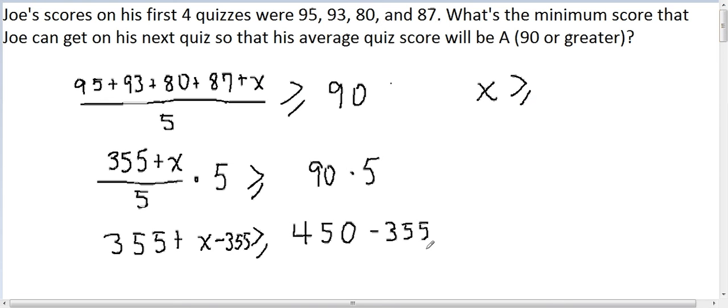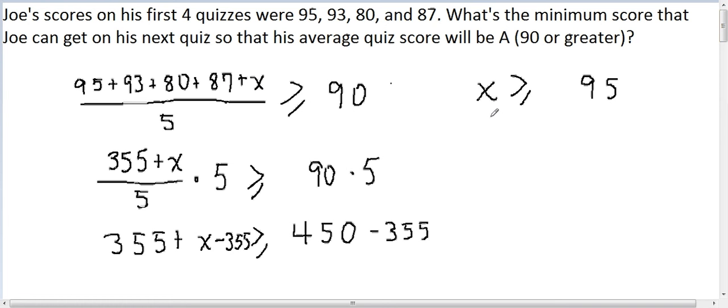If we subtract 355 from 450, we get 10 minus 5 is 5, and 4, we borrow the 1, 14 minus 5 is 9, and 3 minus 3 is 0.